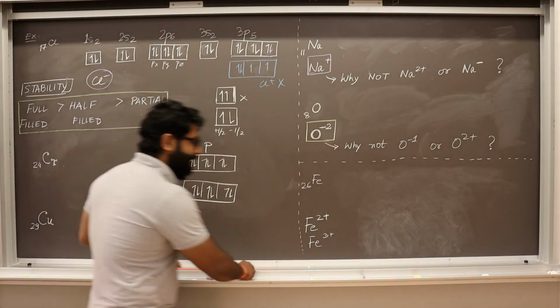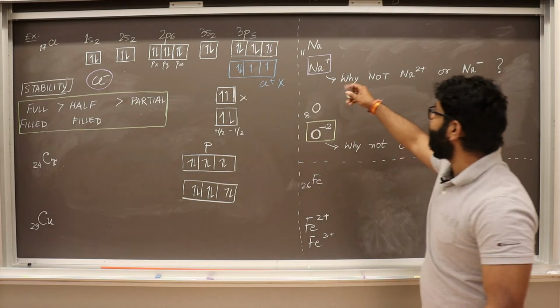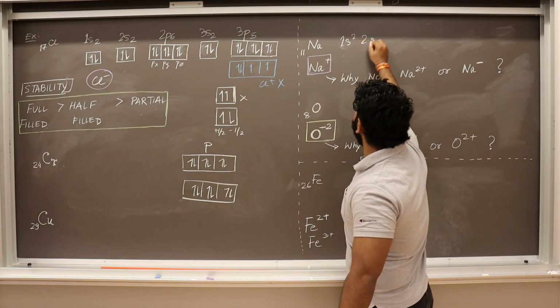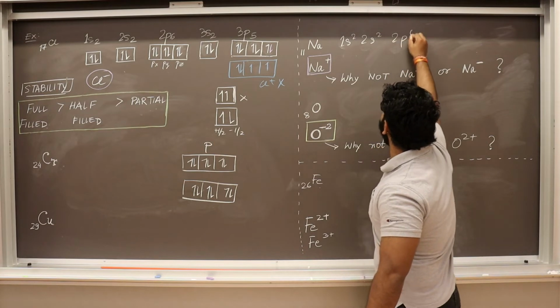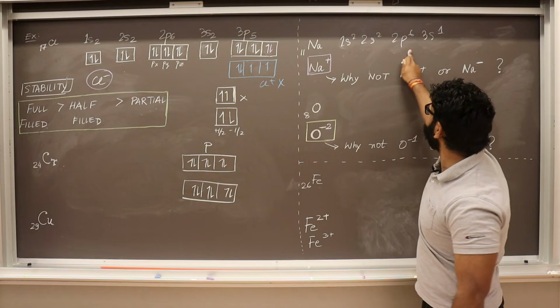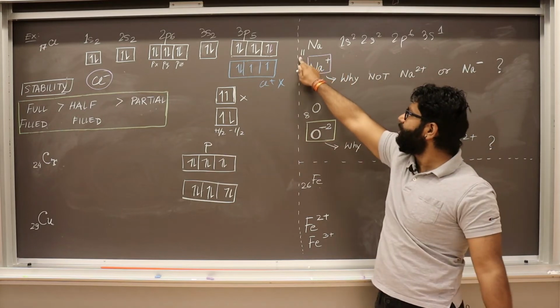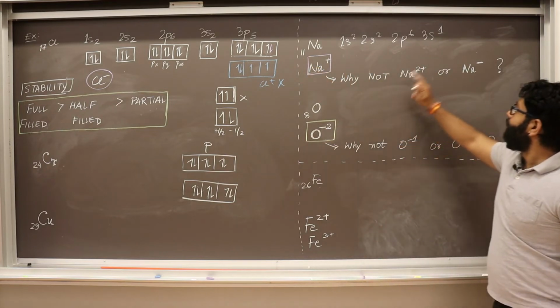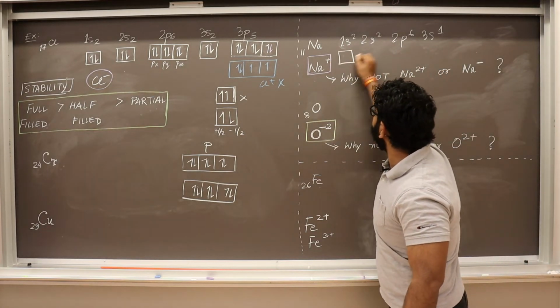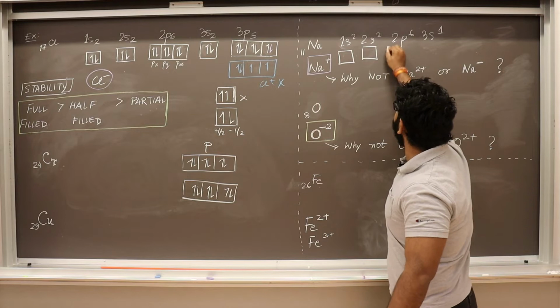Okay, now let's take an example of Na. For Na you have 1s2, 2s2, 2p6 and 3s1. So you have 10 plus 1, 11 electrons. Now if you arrange this, this is the box diagram.